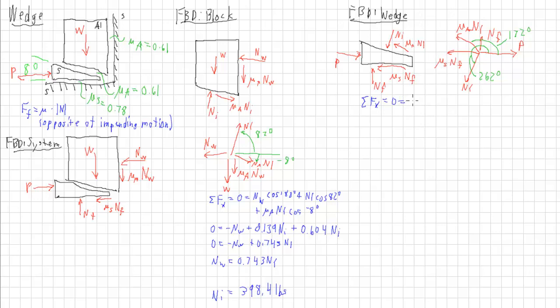We've got mu s NF going in the opposite direction as P, so we're going to make it minus, again that's the frictional force of the floor, plus P, plus Ni cosine of 262 degrees, plus the frictional force at the interface times the cosine of 172 degrees.